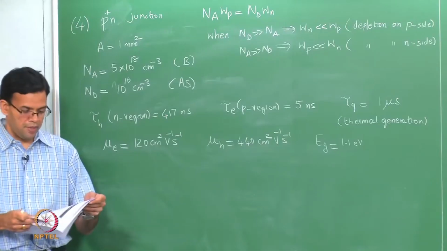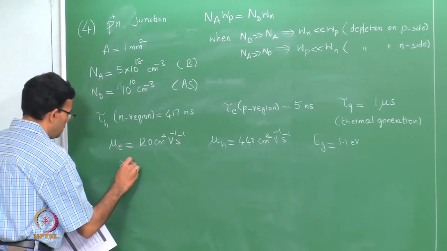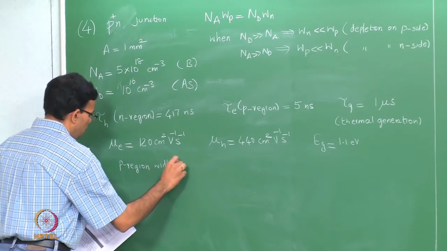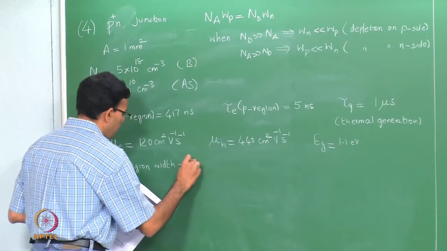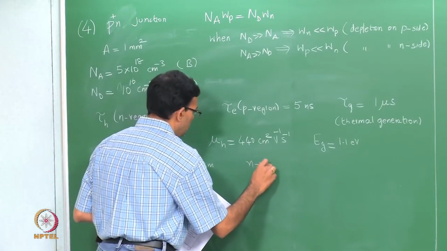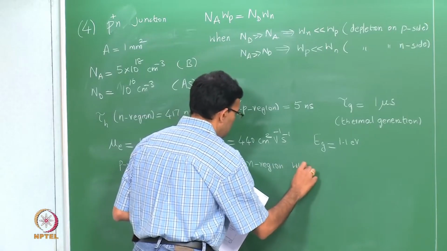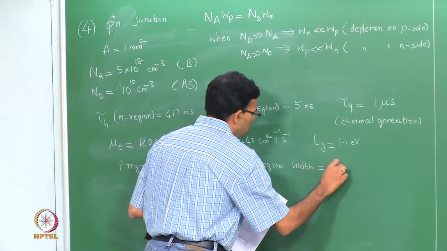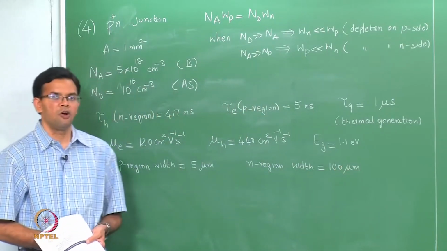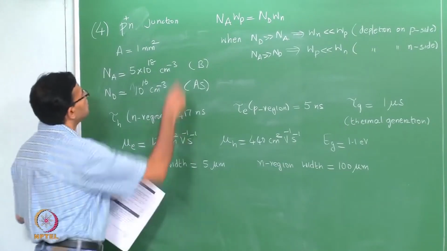The widths of the P and the N regions are also given. So, you have a P region width of 5 micrometers and the N region width is 100 micrometers. So, these are a whole set of data that is given about the silicon p-n junction.